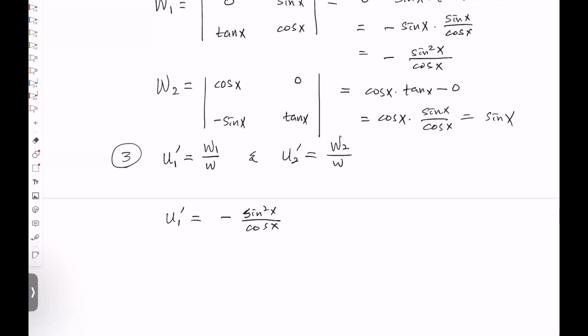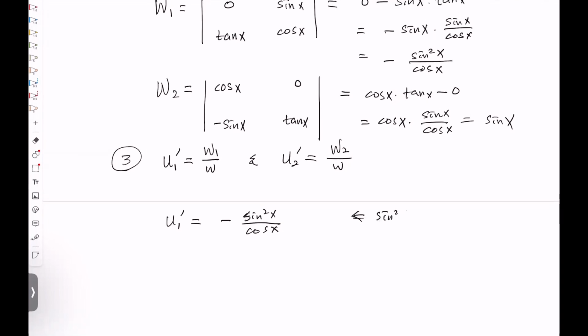Or let's play with this a little bit. Sine squared x plus cosine squared x equals 1, so minus sine squared x equals, if you move this to the right-hand side, cosine squared x minus 1. So minus sine squared x over cosine x equals cosine squared x minus 1 over cosine x. That is cosine x minus 1 over cosine x, which is secant x.